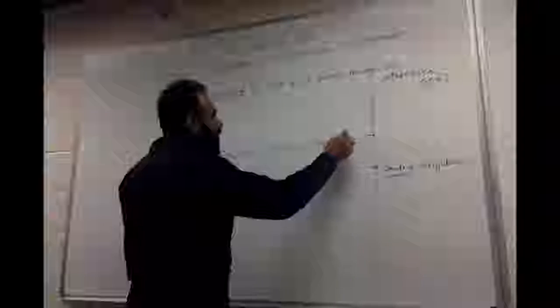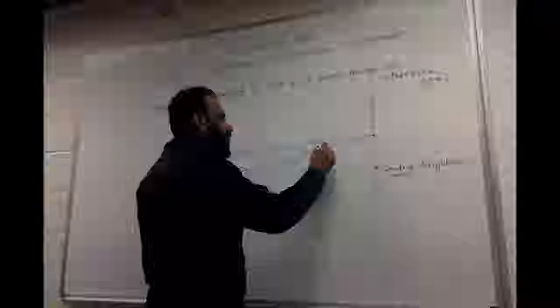So what do you mean by path difference of half a lambda? It's like this, so I'm just showing it here. 1, 2, 3, 4, 5, 6 waves. 6 wavelengths. And here, 1, 2, 3, 4, 5, 6, 6.5.